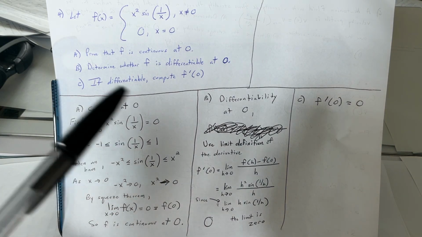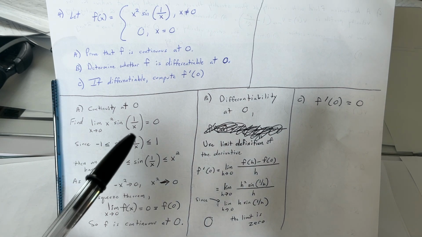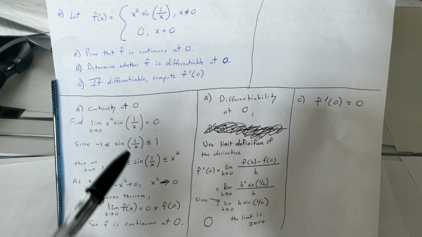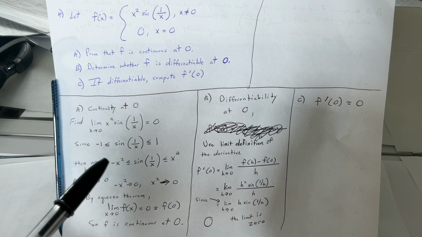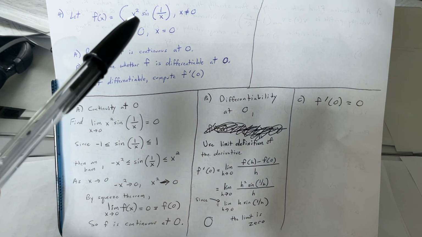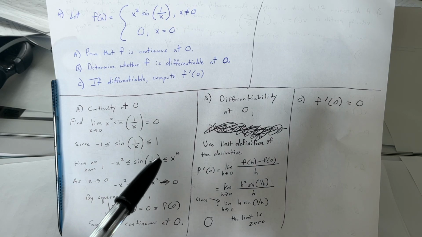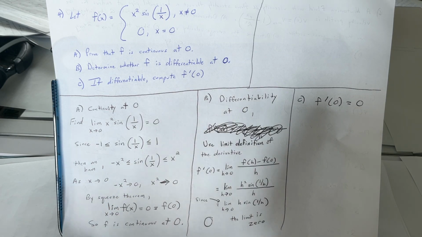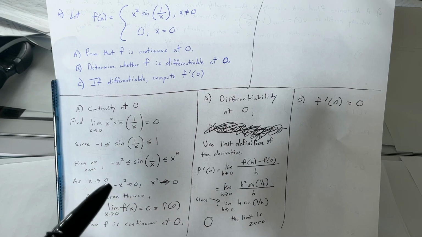Negative 1 is less than or equal to sine of 1 over x, which is less than or equal to 1. Multiplying by x squared, negative x squared is less than or equal to x squared sine of 1 over x, which is less than or equal to x squared.